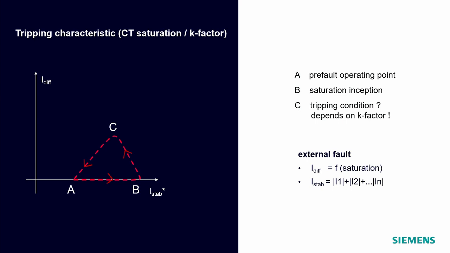And then we will have a differential current in case of an external fault, which is a function of the CT saturation. And we have the stabilization current, which is the absolute value of all currents. But as already mentioned, if, for example, current I2 is the current which will saturate, this component will also decrease.